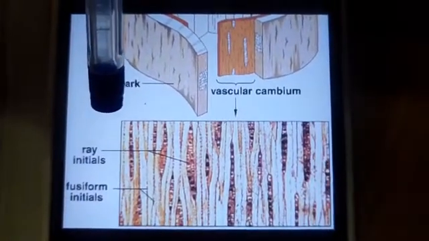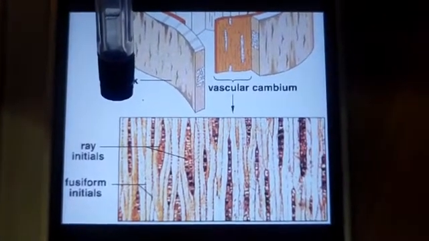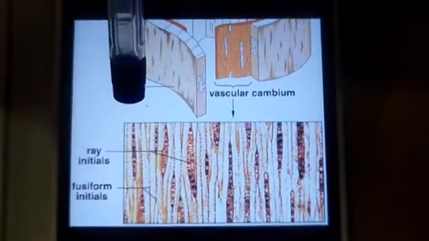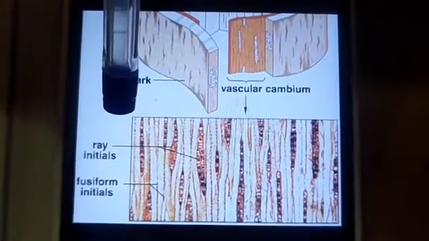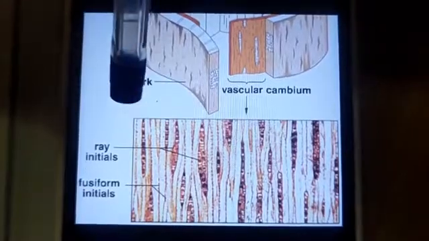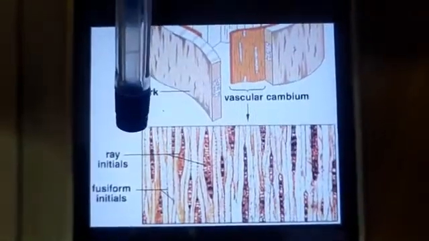Sieve elements, phloem fibers and phloem parenchyma represent the axial system, while the phloem rays represent the radial system.